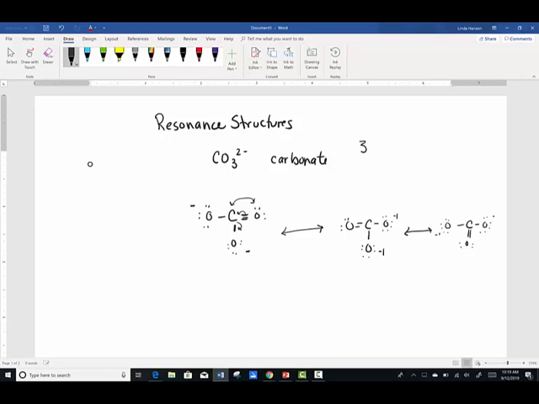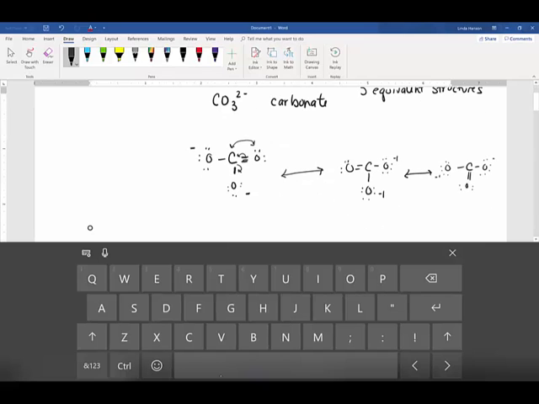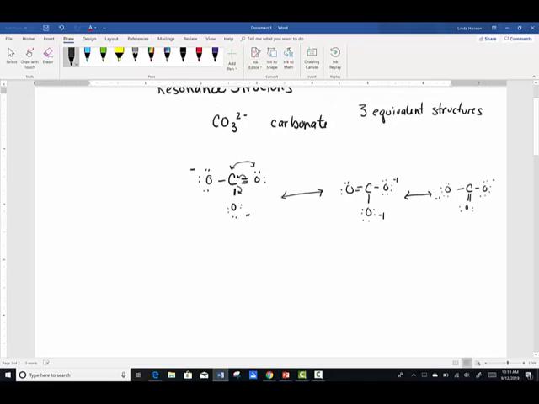Carbonate has 3 equivalent structures I can draw. Those structures are known as resonance structures, and the truth of the matter is one of them is not any more accurate than the other. One of them does not exist for a moment of time and then the other and then the third.